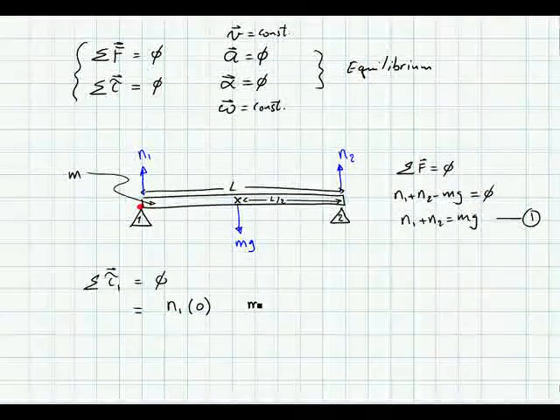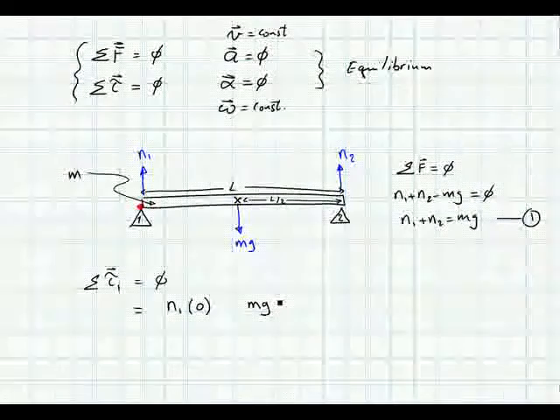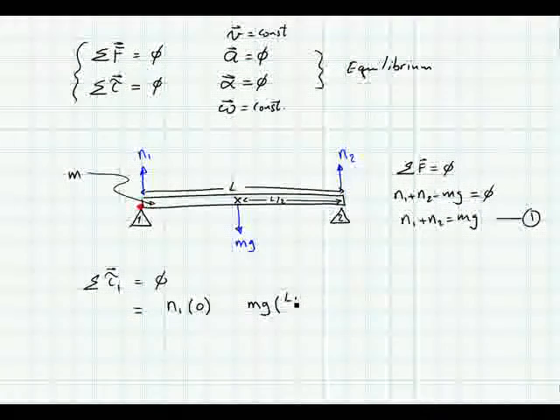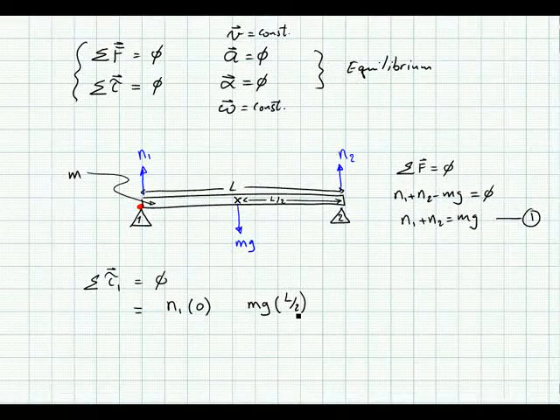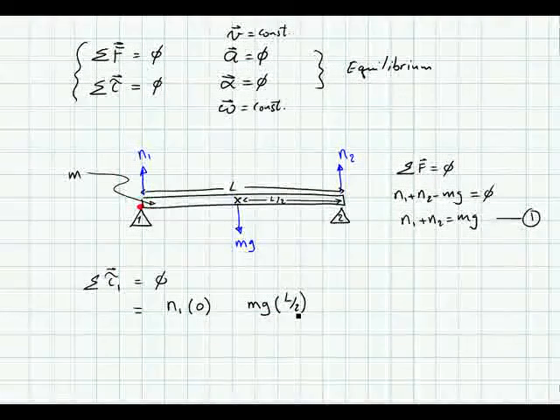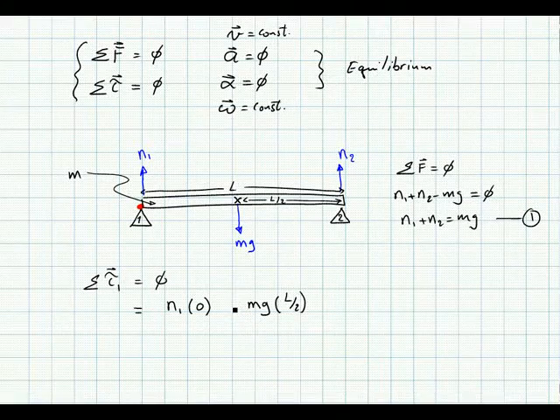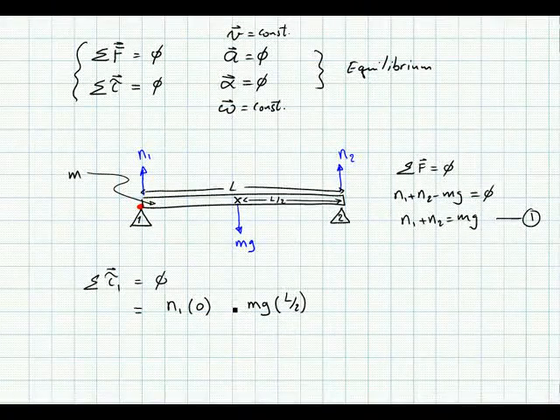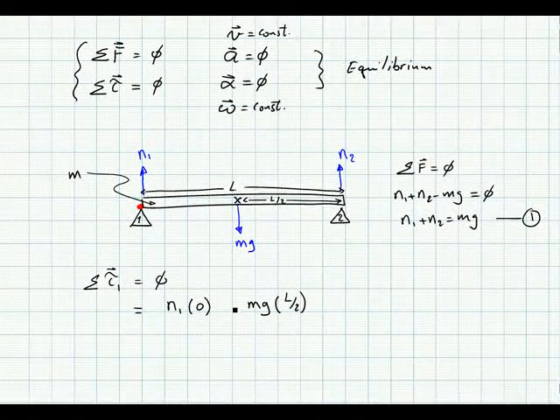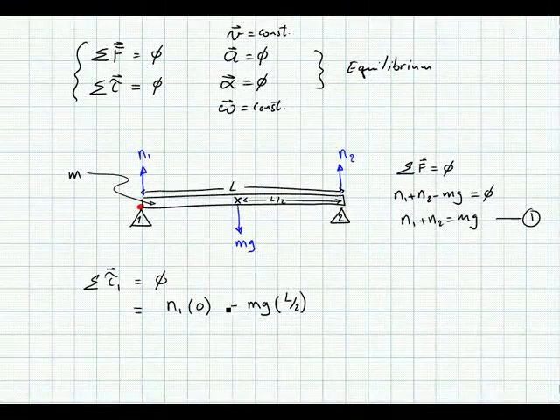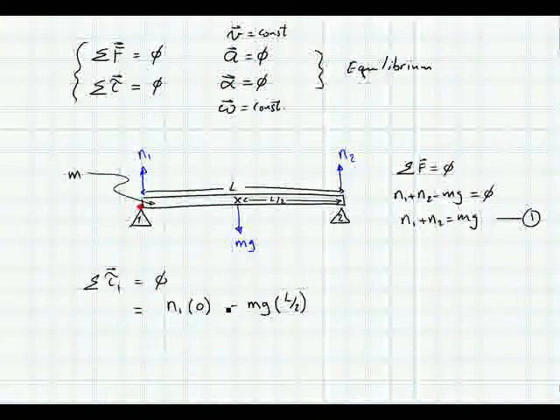Then we have force mg times L over 2 as our moment arm. And mg acting on the beam alone would cause a clockwise rotation, therefore it is a negative torque, right?